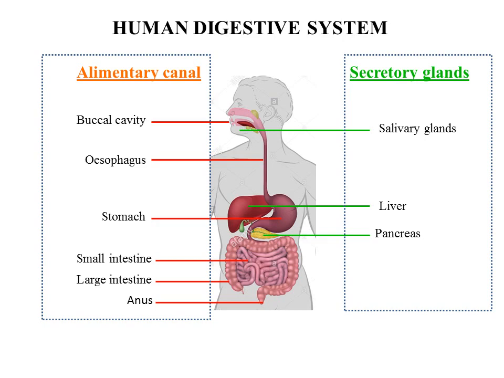Then after the stomach, the food passes to the small intestine. There some food gets digested and absorbed, and then the undigested food passes to the large intestine.